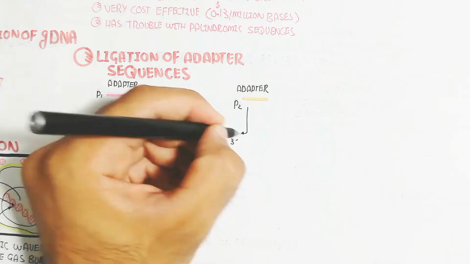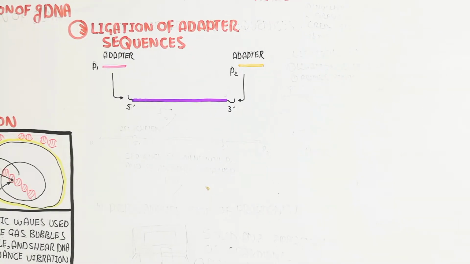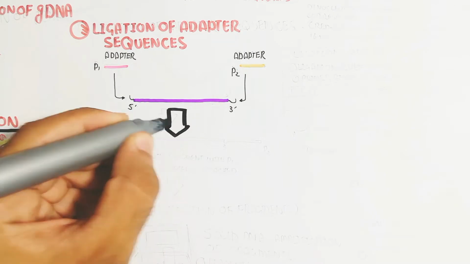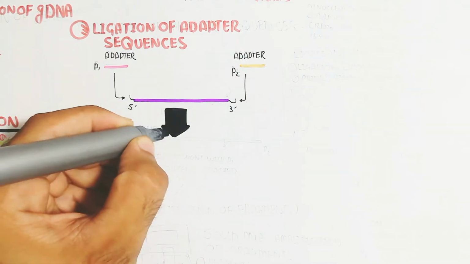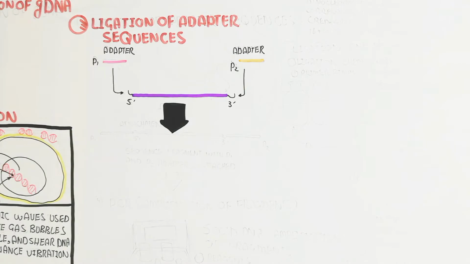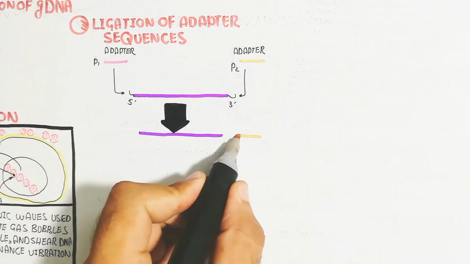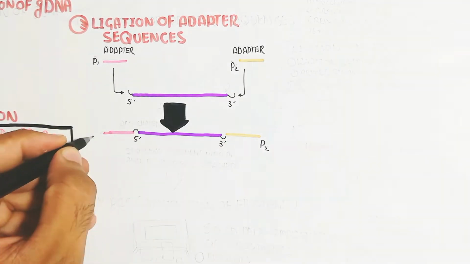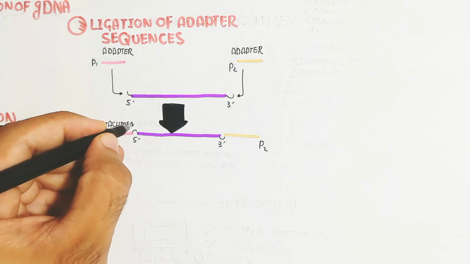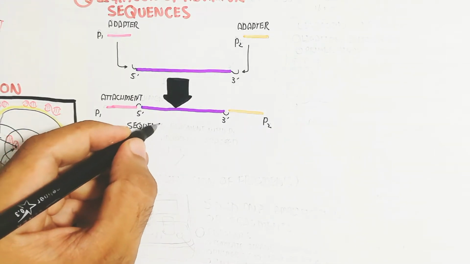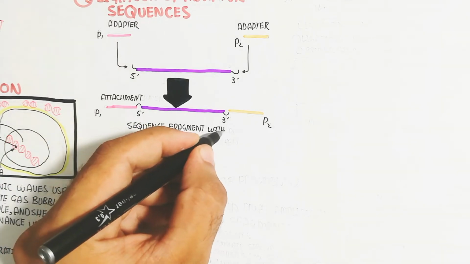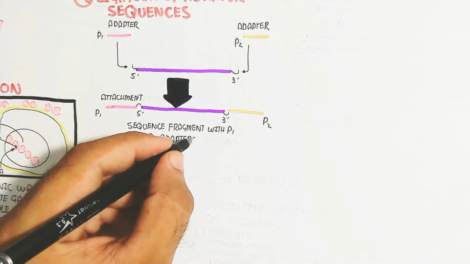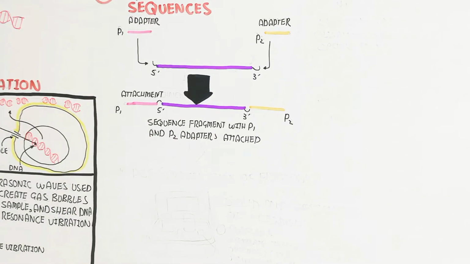After that, the attachment occurs: the 5' end contains the P1 adapter, while the 3' end contains the P2 adapter. The purple color is the DNA segment. After fragmentation, the adapters are attached, giving a sequence fragment with P1 and P2 adapters attached. The attachment from 5' to 3' is specific for the P1 and P2 adapters, so they bind with the 5' side and 3' side.